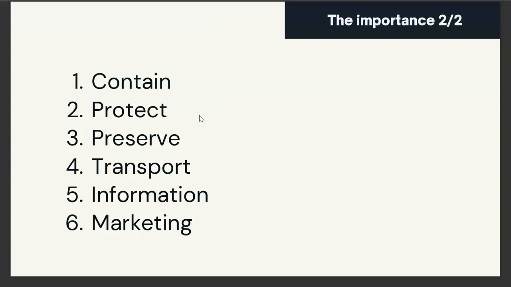The second point is to protect the food from the external factors. So usually there are 3 factors that can contribute to the damage of the food, being a physical, chemical, or the biological. So these include the physical protection from transportation, handling, and storage, also from the physical environmental damages such as light, temperature, and humidity.